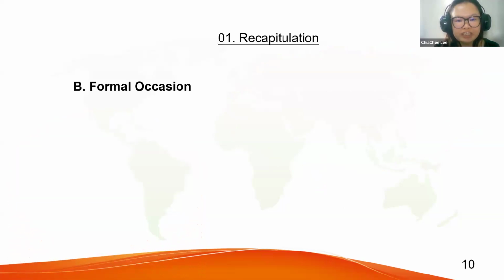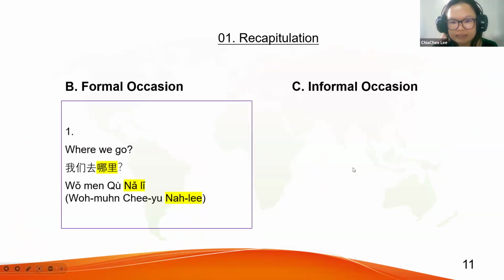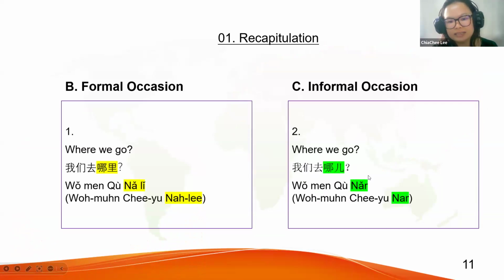And we can use it when we talk to anyone. 我们去哪里? And when we want to hang out with our friends or families, informally we can just ask 我们去哪儿? Or 他们去哪儿? 你们去哪儿? 哪儿 basically would be two words like we see here, and the pinyin is 哪 N-A plus E-R 哪儿.